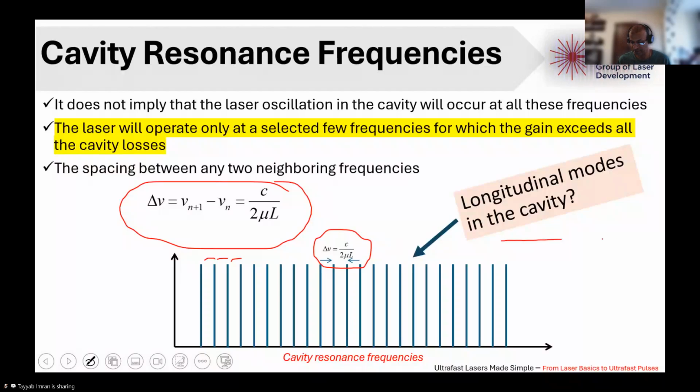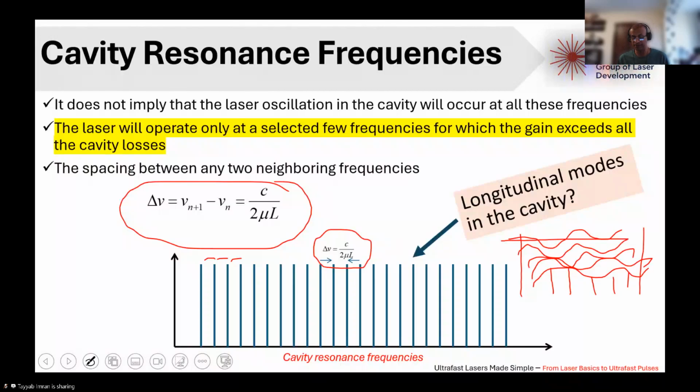If this is the cavity, waves are moving like this. So these modes are developing here.